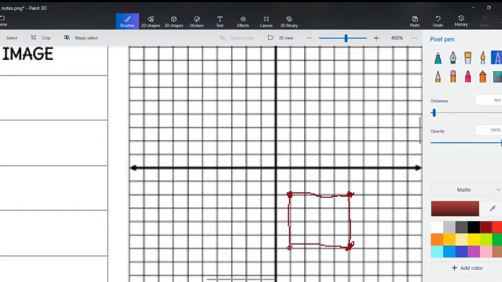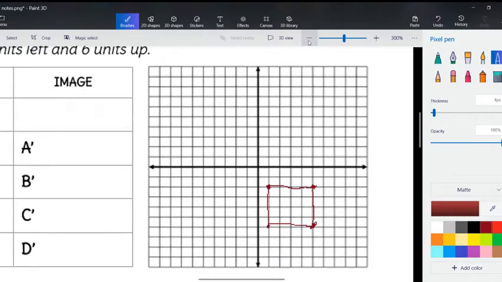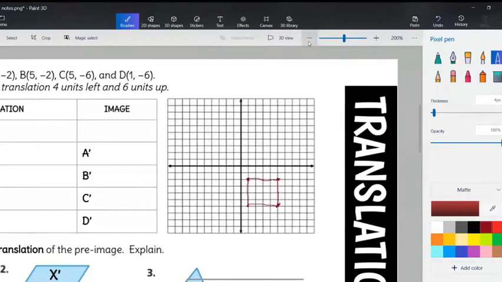So we start from here. I'm choosing a random point. And by the way, we should probably go back and label these. This will be A right here. B, C, D.